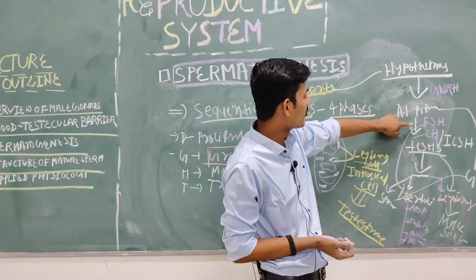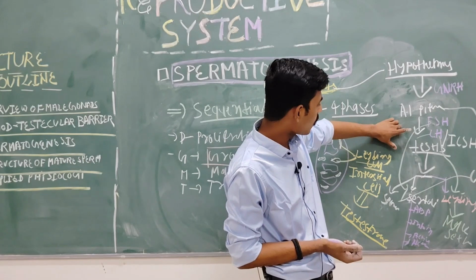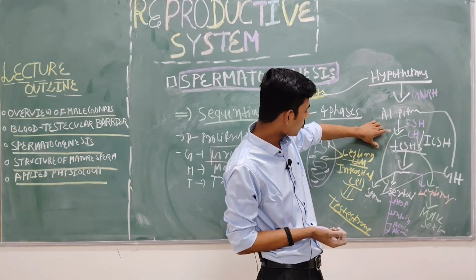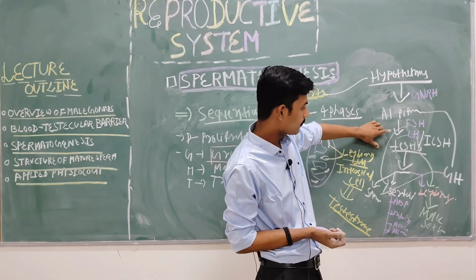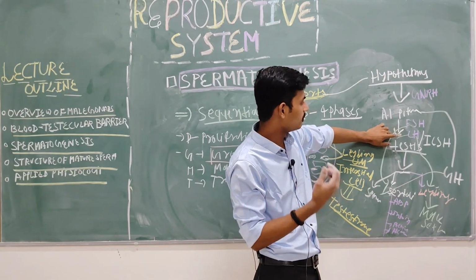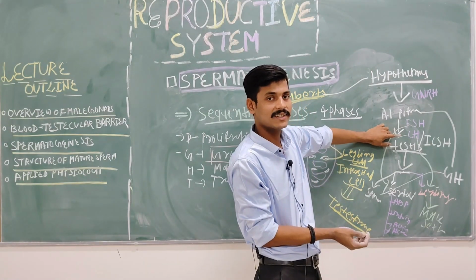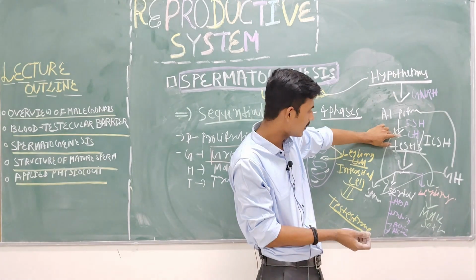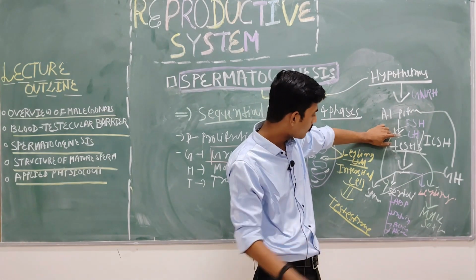FSH works on the Sertoli cells and also on the spermatogonium for their proliferation. Understood? LH is known here as ICSH, interstitial cell stimulating hormone, because it stimulates the interstitial cell to secrete the male sex hormone.